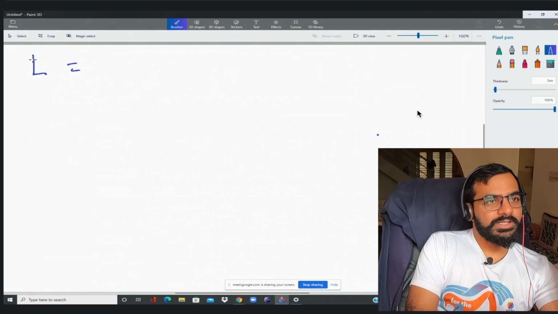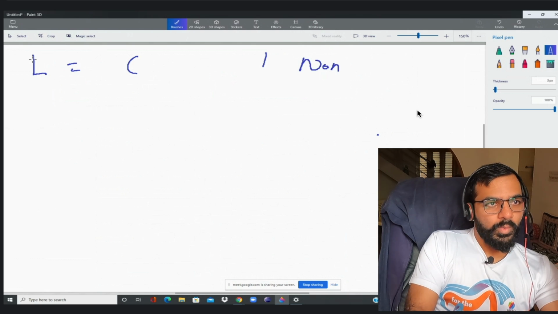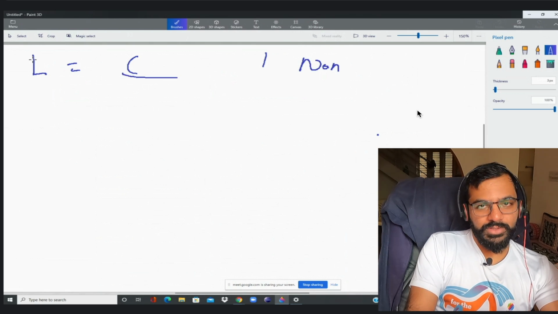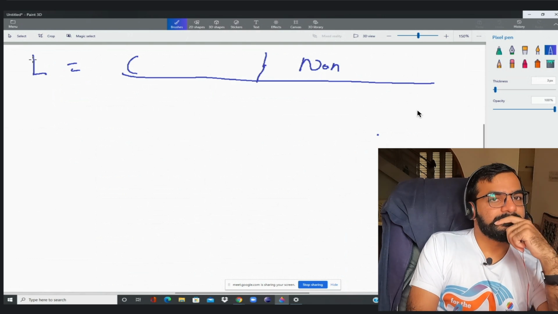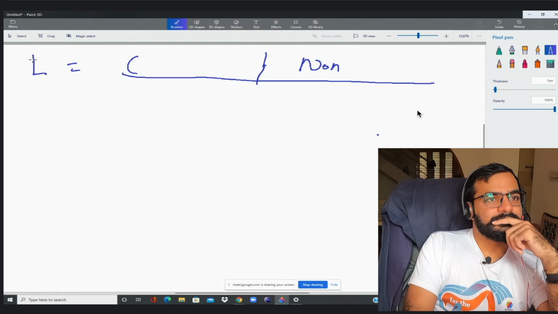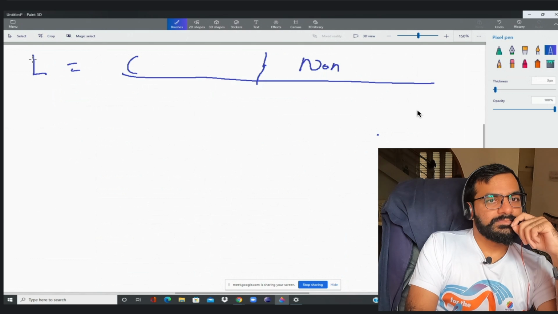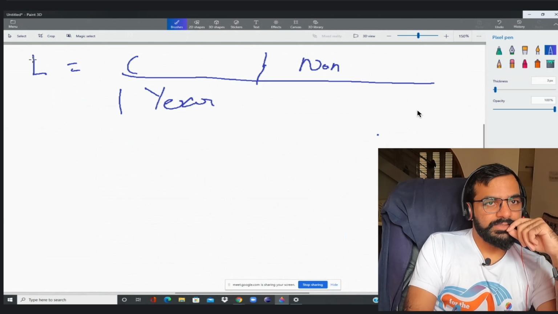That was current and non-current. What is current and non-current, if you can recall? Perfect. Current is for 1 year, current liabilities.